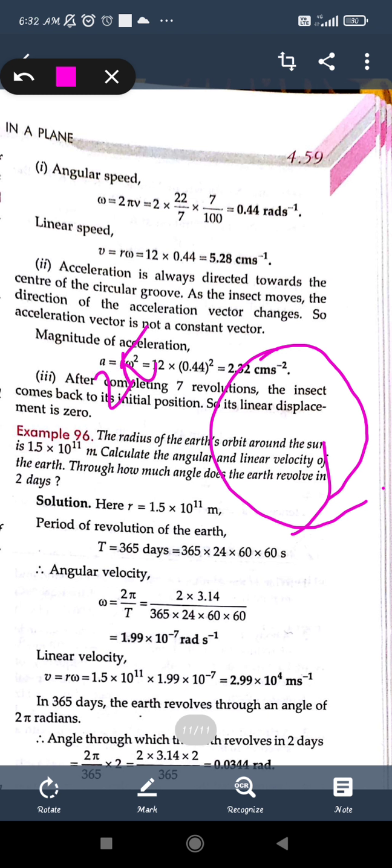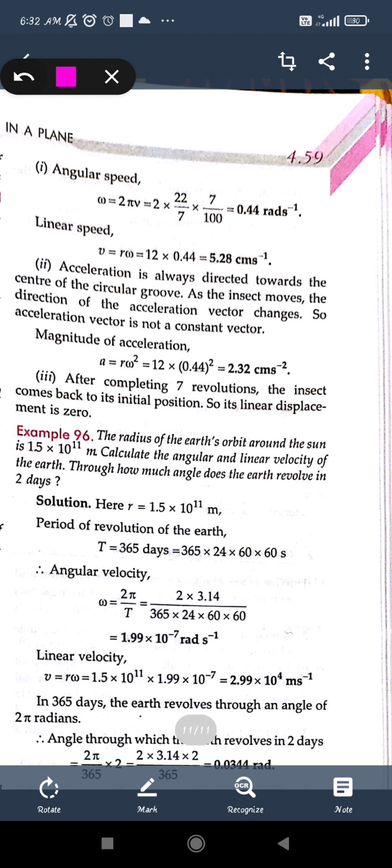It makes 2 pi radian about the center in 365 days. And it is asked how much angle is made in 2 days. So in 2 days it will be multiplied by 2. On finding the value, we got 0.0344 radian.